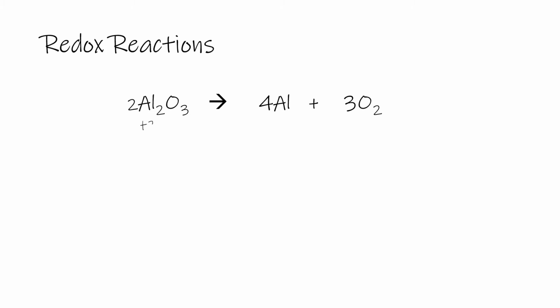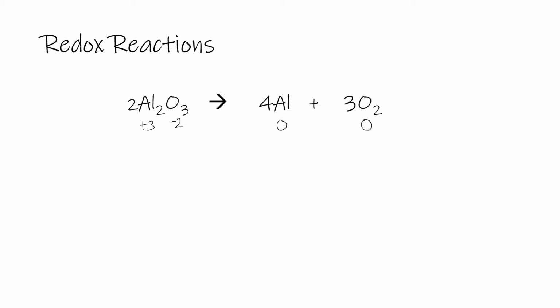Aluminum is a +3, oxide is a -2. You can look at your periodic table to find those. On the product side, we have aluminum metal all by itself, so it is in its elemental form. It's going to have an oxidation number of 0. It's neutral. Oxygen is diatomic in its elemental form, and so it also has an oxidation number of 0.